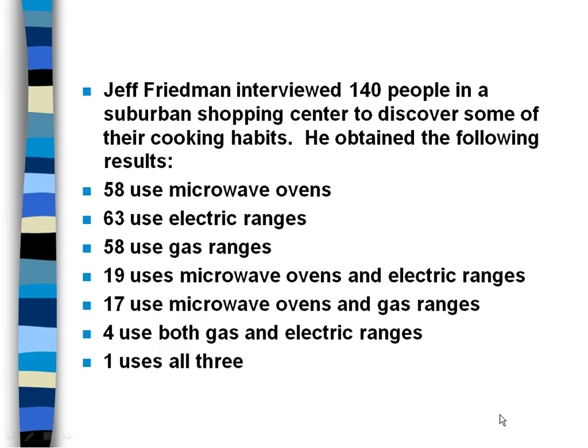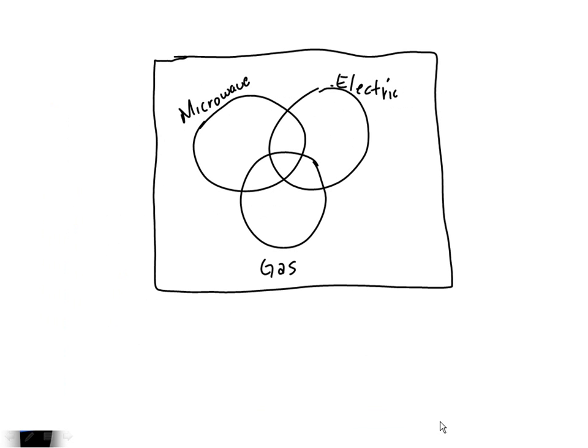If we look back at our problem, we always start with the intersection first. One uses all three. Since 1 used all three, the intersection of all three of these things is right here in the center. And we're going to work our way up, from the bottom up.